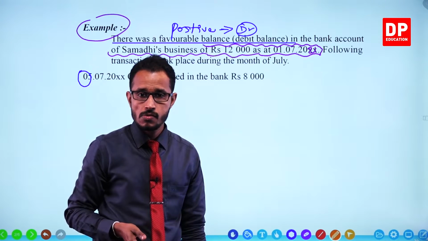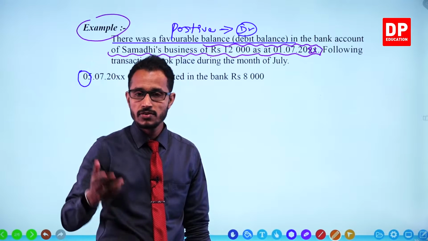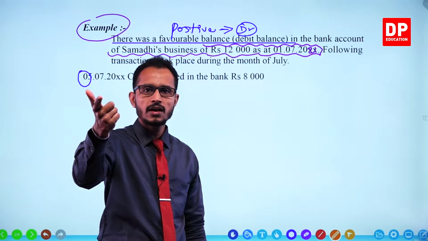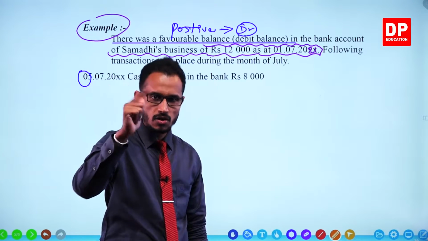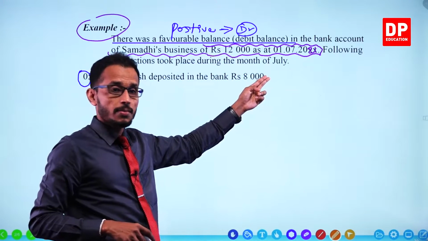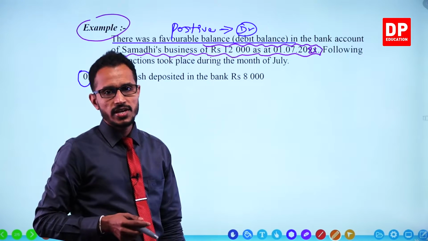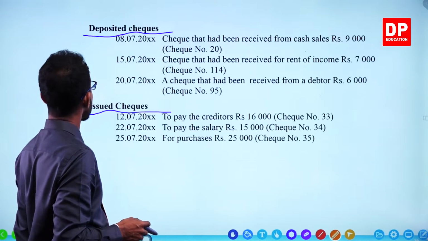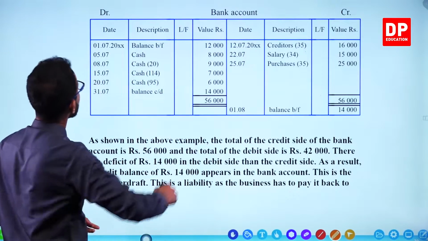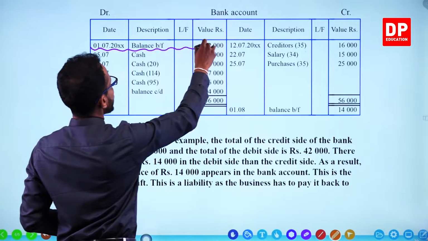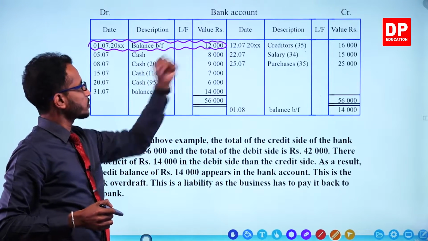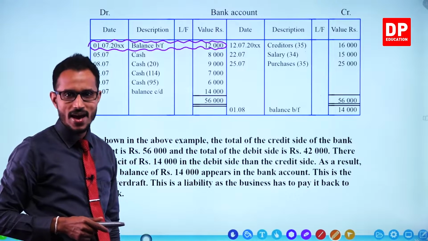Recording the opening balance, the BBF, on the debit side. On the top of the debit side as balance brought forward 12,000 in the bank account. That is the opening balance, right? Good.